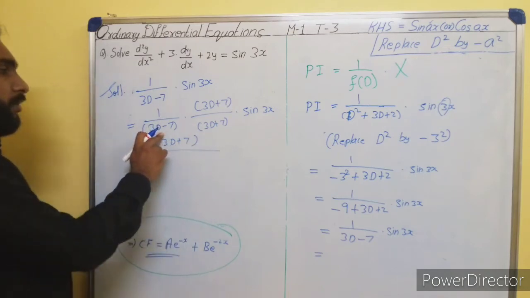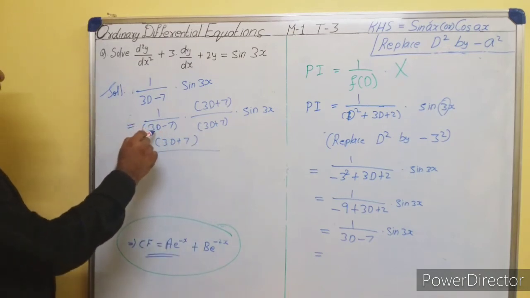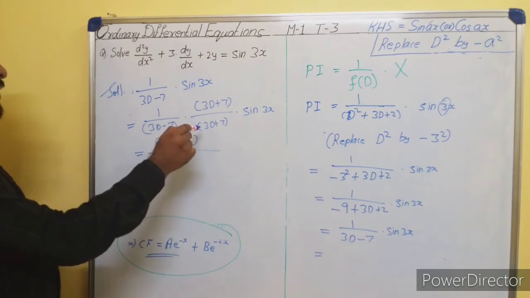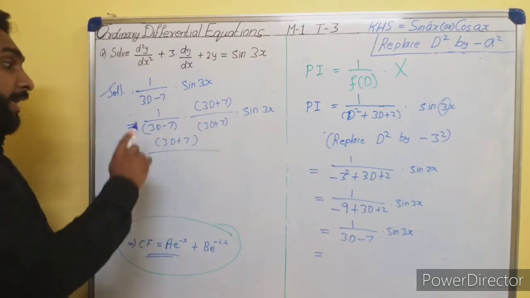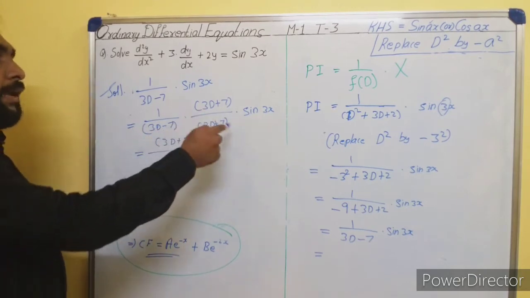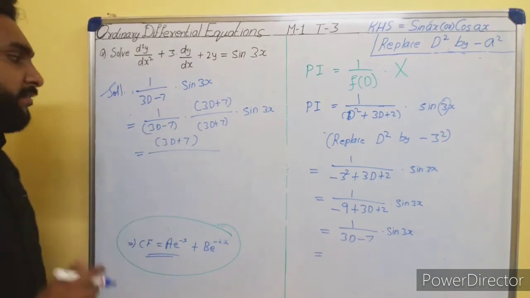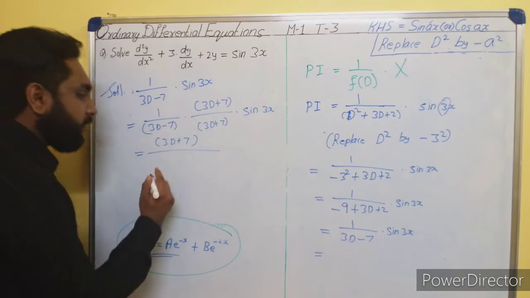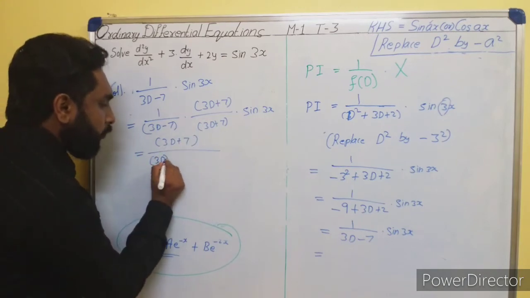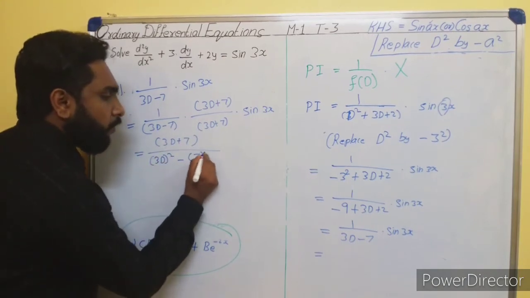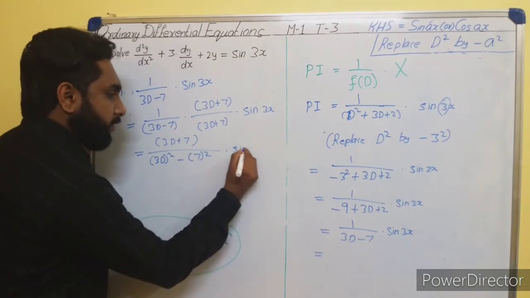so let's see, this is given in the format 3D minus 7 into 3D plus 7. That means a minus b into a plus b, and a minus b into a plus b is equal to a square minus b square. Similarly, this gives 3D whole square minus 7 whole square into sine 3x.